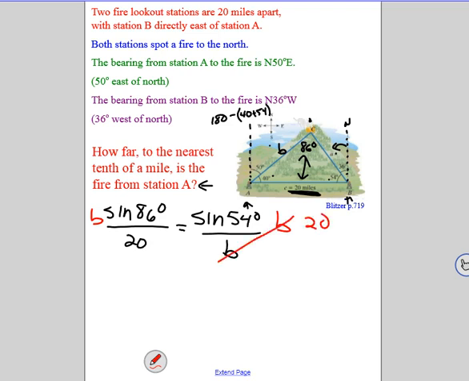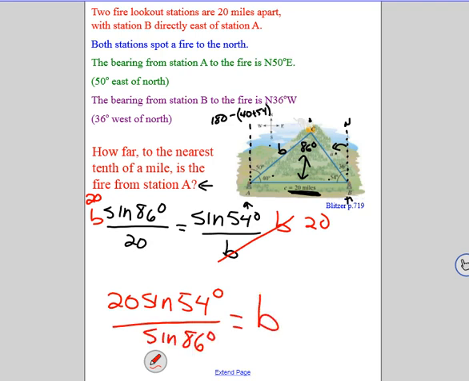And if I multiply by 20 on both sides, for my answer I get 20 sine of 54 degrees divided by sine of 86 degrees is b. And if you estimate that, you get approximately 16.22, and that would be in miles.